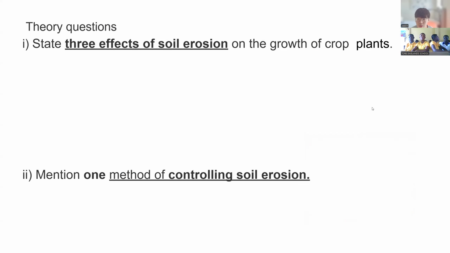Okay, let's move on to this question. State the three effects of soil erosion on the growth of crop plants. So, can you guys list three effects?